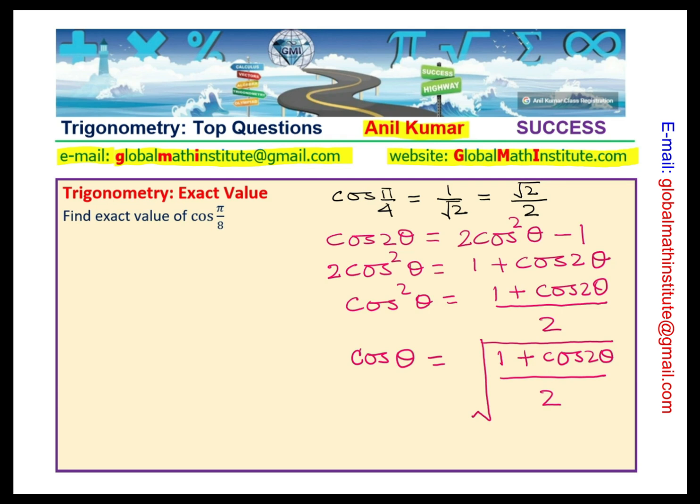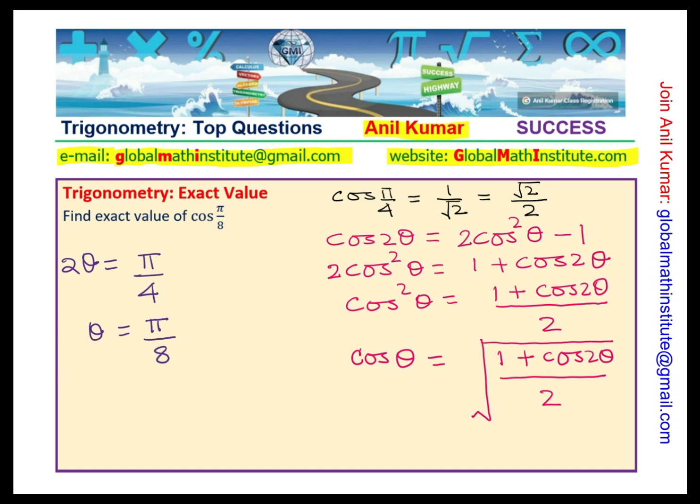Now, in our case, 2 theta is equal to pi by 4, and then we can say theta is pi by 8. You get the idea. Now, pi by 8 is less than pi by 2, right? So it is in quadrant 1, and therefore we are going to take the positive value.